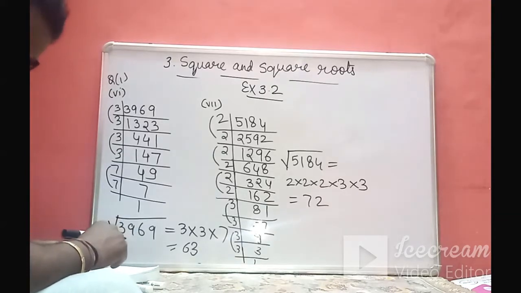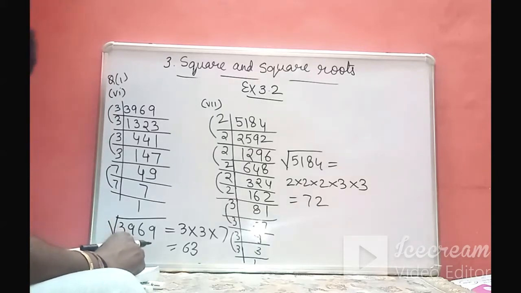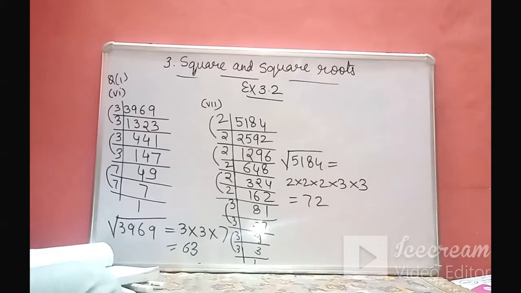Now, in question number 1, we have solved the questions which are perfect squares. Now in questions number 2, 3 and 4, we have to find the smallest number by which a given number should be multiplied so that it becomes a perfect square. For those types of questions, the first step will always remain the same.